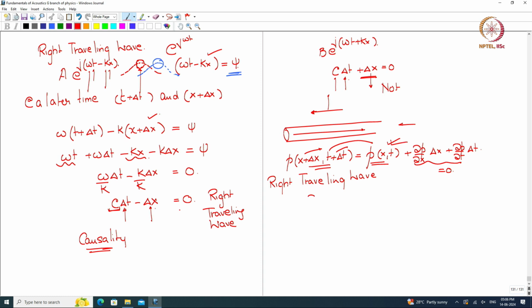So I have del p by del x delta x plus del p by del t delta t equal to 0. This gives me the right travelling wave, or del p by del x plus 1 over c del p by del t is equal to 0.